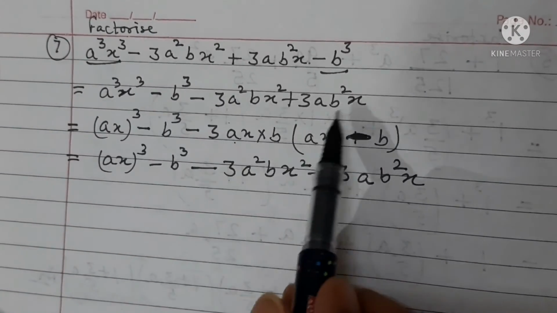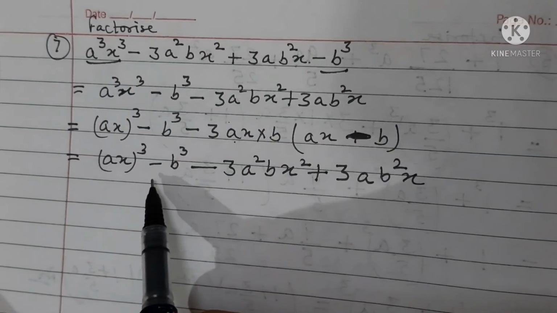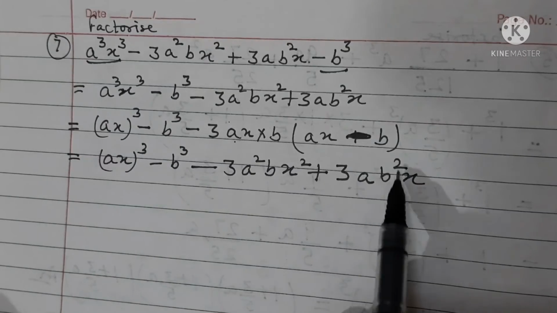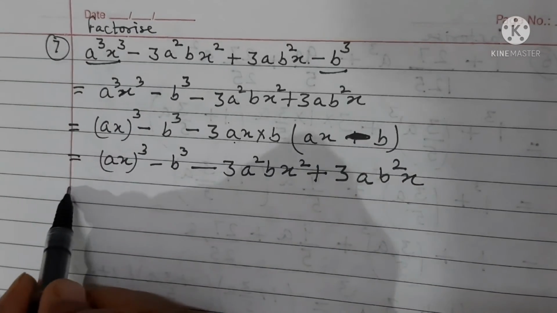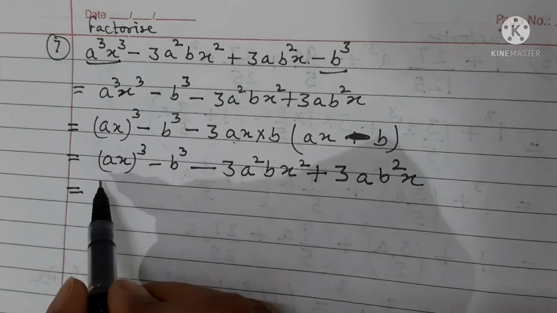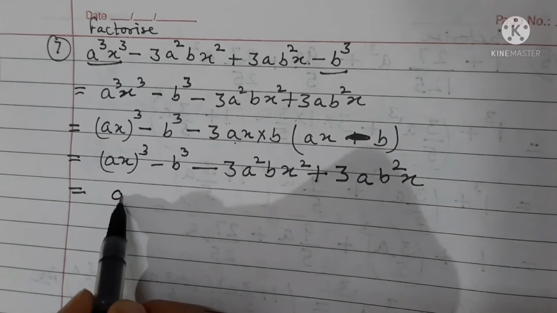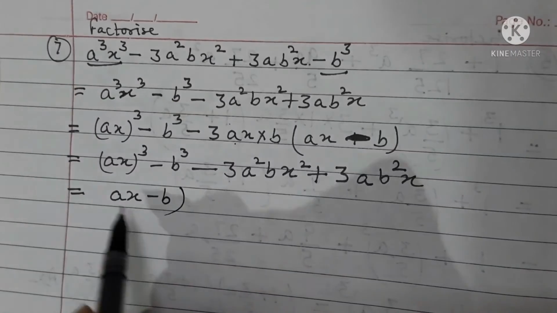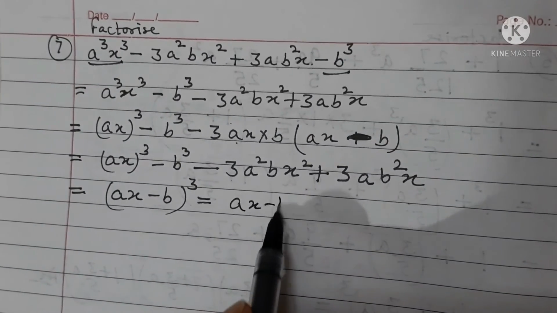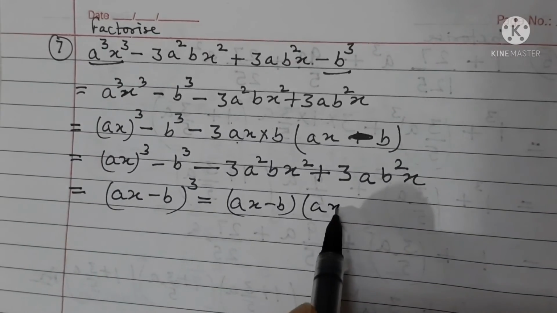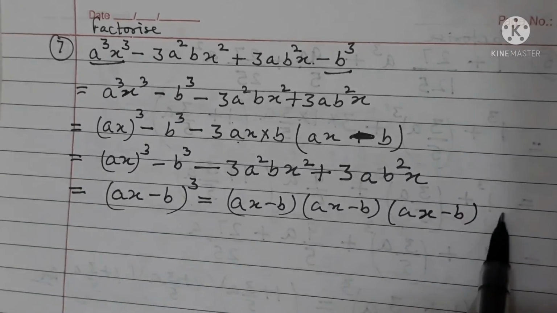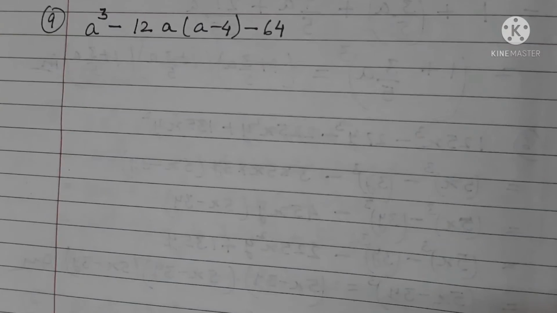Now tally, these expressions are same. Yes, minus 3a square b x square, 3a b square x. It means you can convert this expression in the form of identity, ax minus b whole cube, and factorize it: ax minus b, ax minus b, ax minus b. Answer.